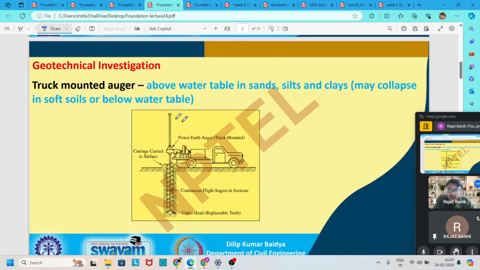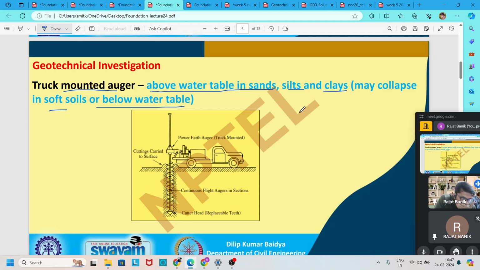Then there is another instrument called track mounted auger, and this is good above the water table in sand, silt, and clay. But if you use this in soft soil or below the water table, there may be collapse of the soil.